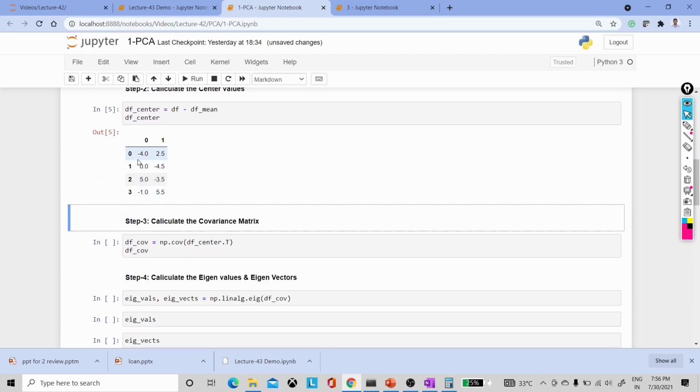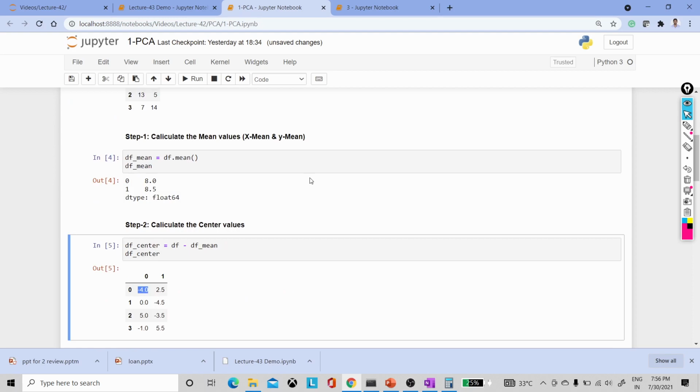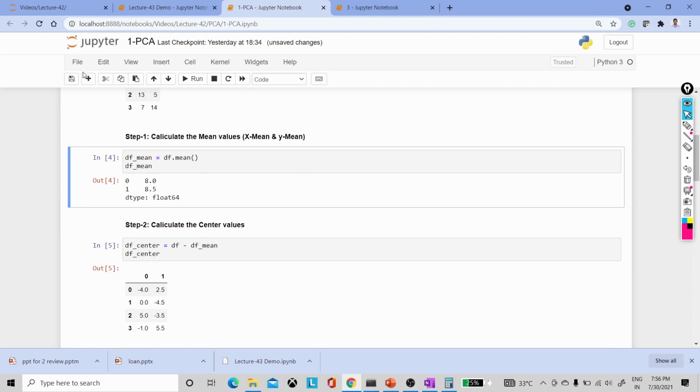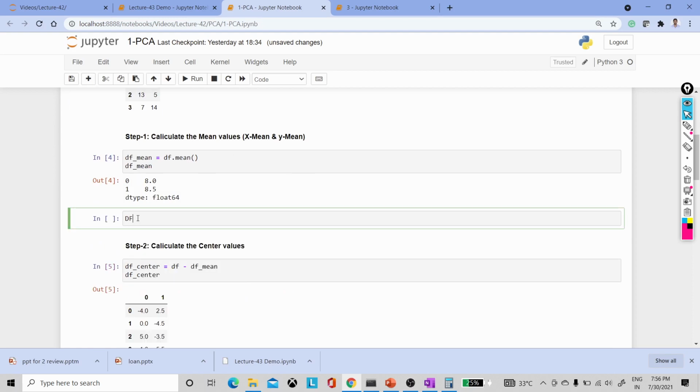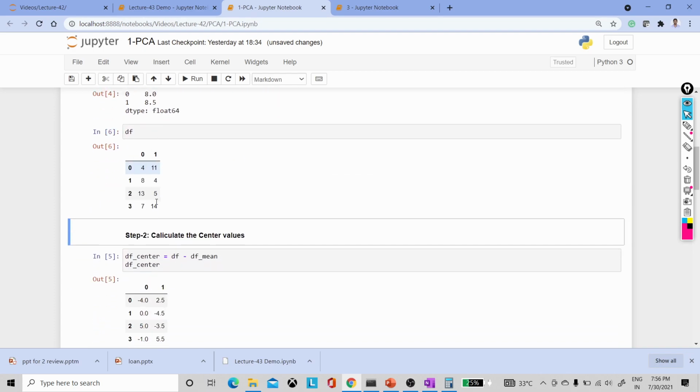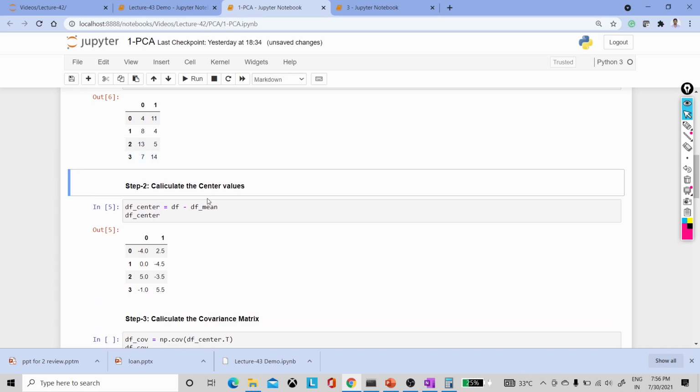How did the minus 4 come? Initially the df is like this, minus the df mean, where df mean means x mean.